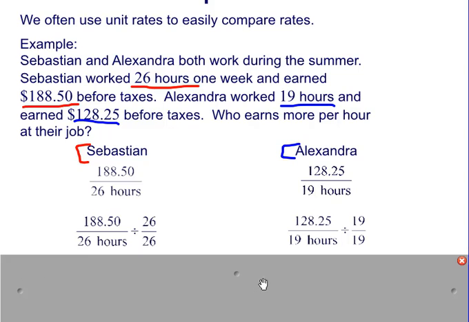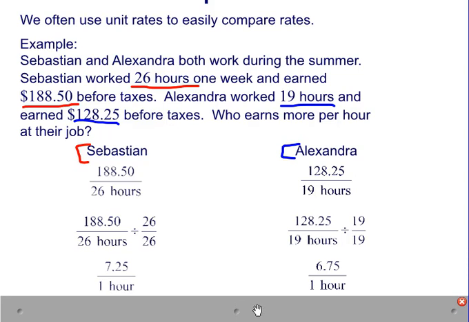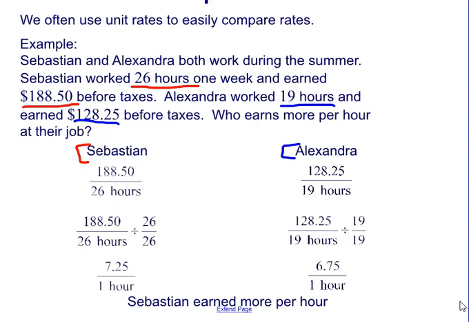So that will give Sebastian a unit rate of $7.25 per hour and Alexandra a unit rate of $6.75 per hour. And we can see $7.25 would be higher, so therefore we can conclude that Sebastian earned more per hour in that situation.